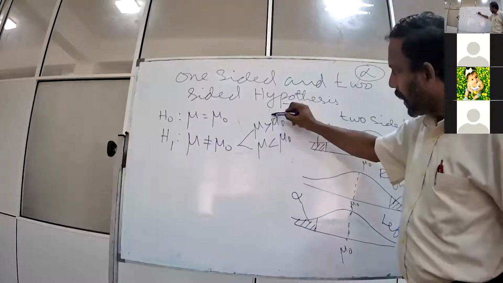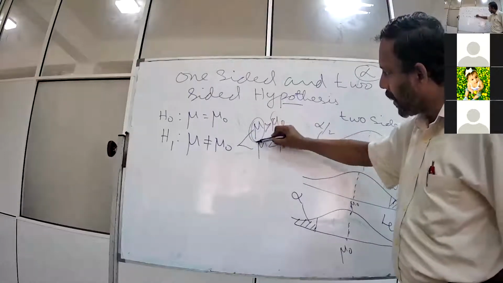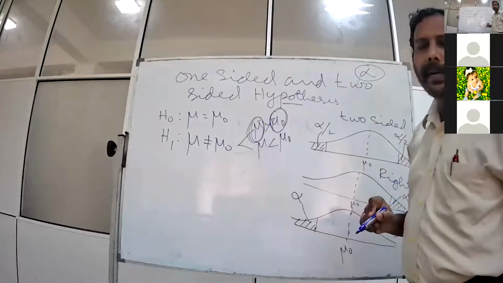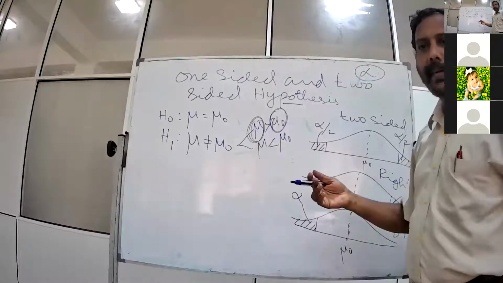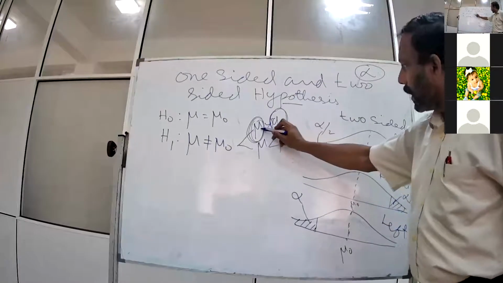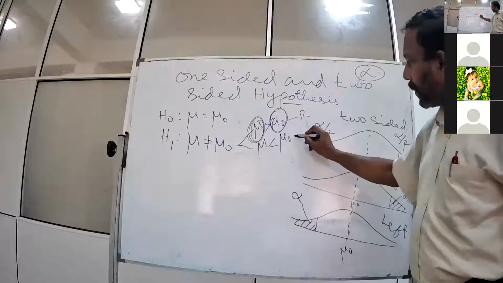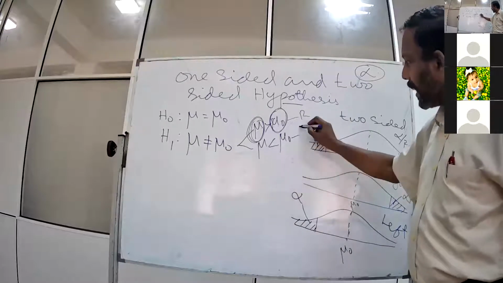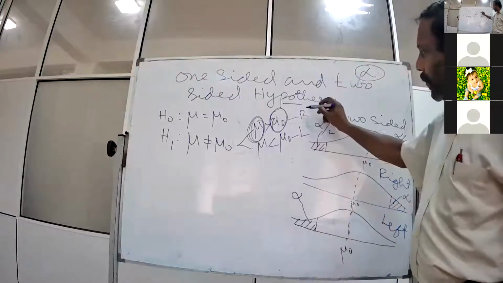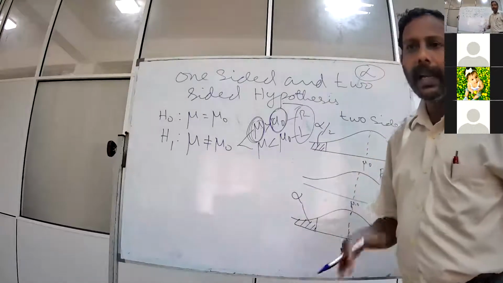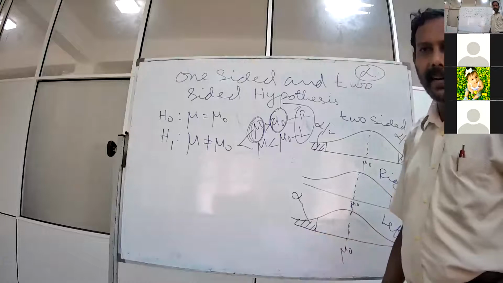You see, the mean that we are testing is greater than the mean of the reference population, or higher than the mean of the reference population. So this indicates the right side. How about this one? This indicates the left side. So here it includes both the left side and the right side.